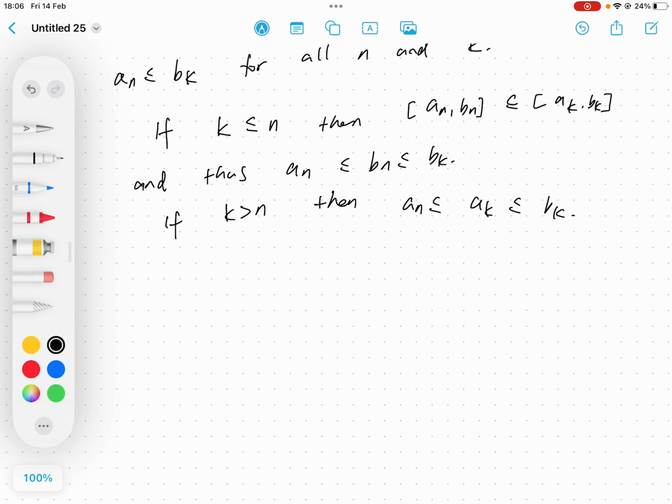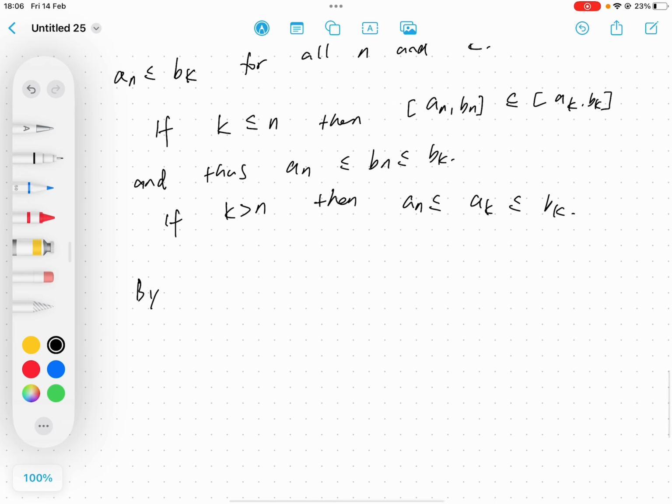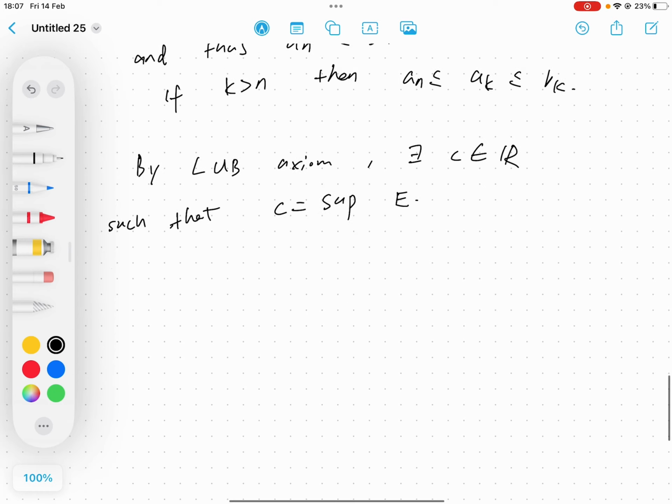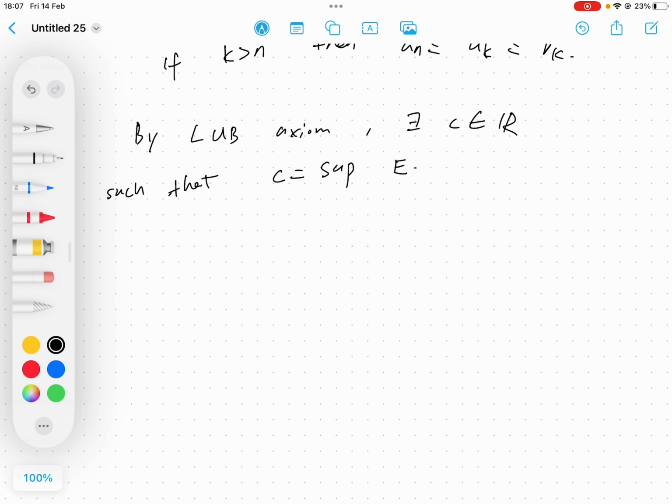And to take a step further, we're going to have something else. So by the least upper bound axiom or property, there exists, let's say, some C in R1 such that C is the sup of E. Okay, so next we'll claim that C is in Jn for all n.